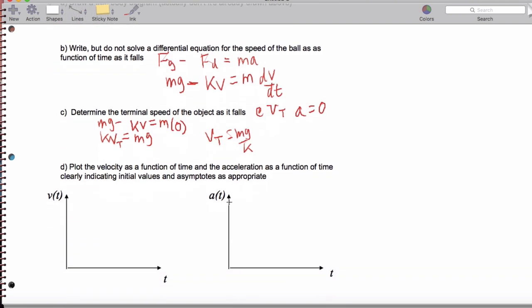And let's be clear. When we drop the ball, it starts from rest, and it's going to reach terminal speed eventually. So this actually kind of becomes a horizontal asymptote right there. And then here for the acceleration, we start off with the acceleration of g, and then as time goes on, that acceleration dies off to 0.